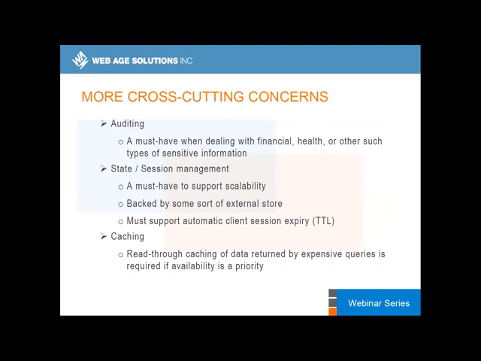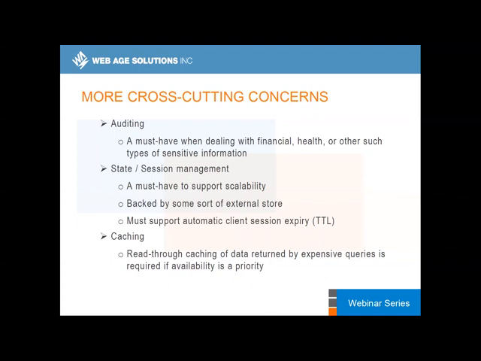Auditing is important, particularly if you deal with financial or health information, where you have some sort of auditor or ombudsman on your shoulder asking you to explain why a particular transaction went wrong.